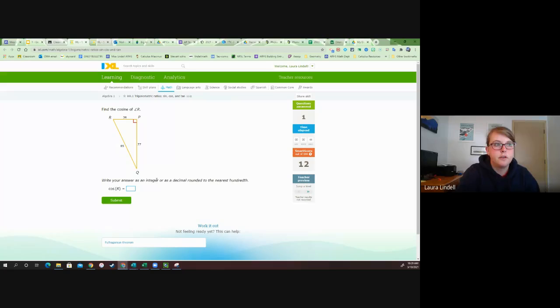Okay, so we're rounding to the nearest hundredth. The reason I did this one instead of the geometry one was that the geometry one required a lot of rationalizing the denominator and didn't really isolate the skill that I wanted us to get. So anyway, that's why we're doing it in the algebra version of things.